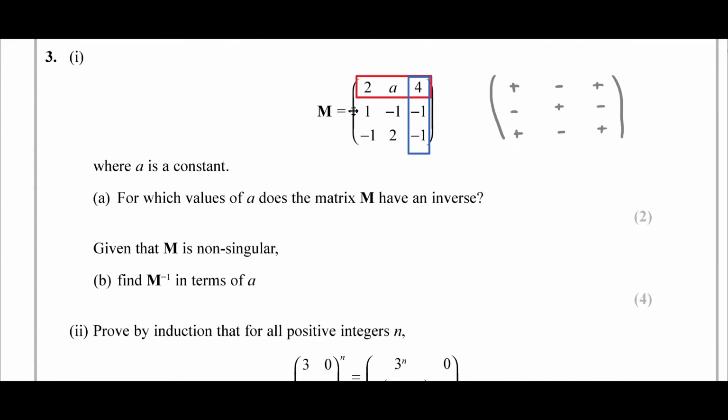So if we go back here, when we talk about the matrix of the minors, all we have to do over here, for our first element, which is shown in the overlap between the boxes, we take the determinant of the uncovered elements.